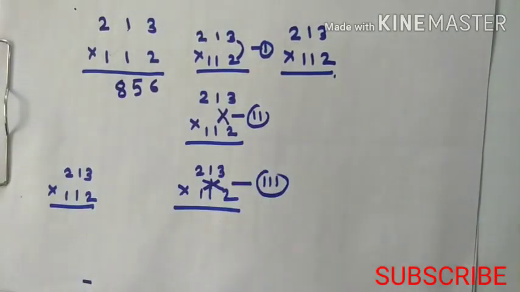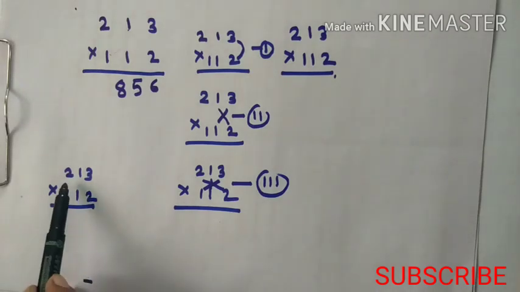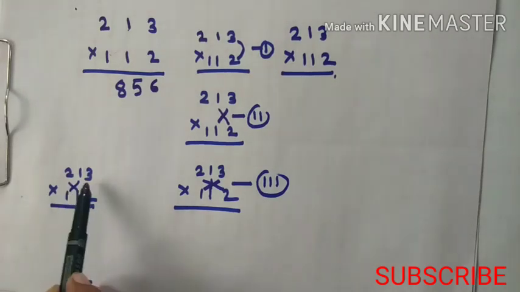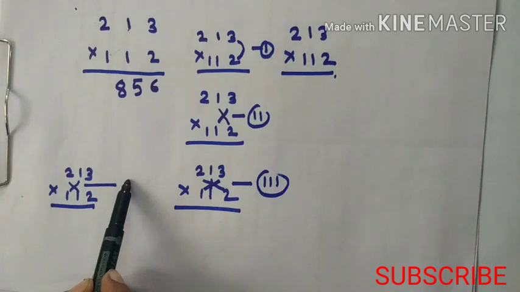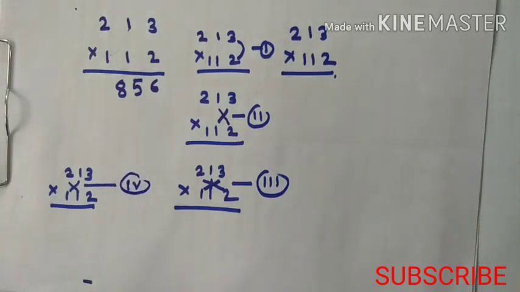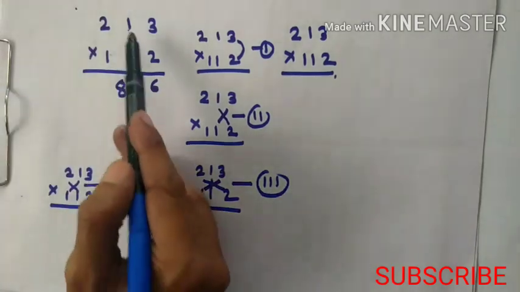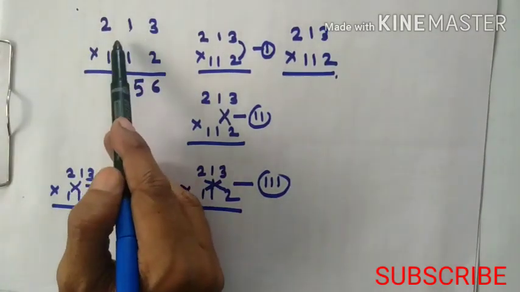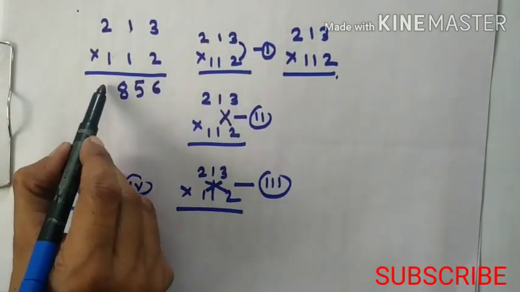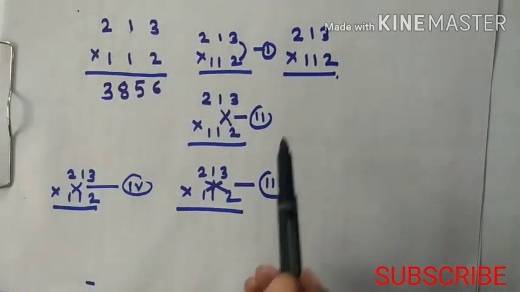And fourth, the product of these two and their addition. Now I am applying here 2 1s are 2 plus 1 into 1, 1. 2 plus 1, 3. Same procedure.